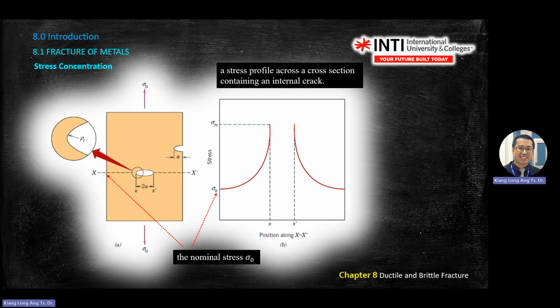Okay, I will explain. If you apply stress, this one. At the side here, you will start from 0. Then when you reach here, you reach the maximum stress at M. Maximum stress, so the stress is concentrated.